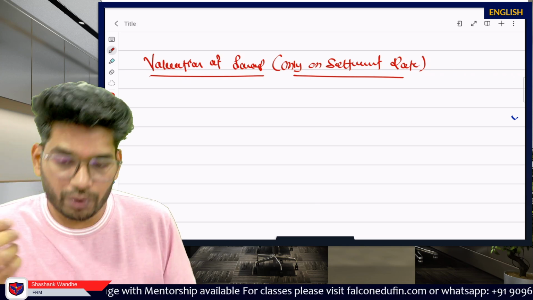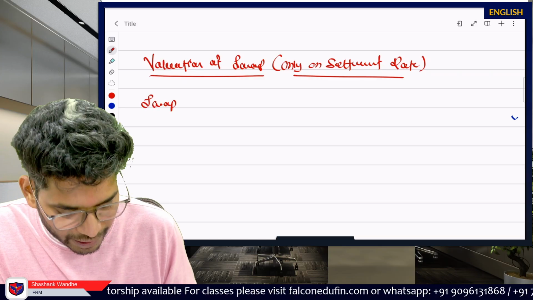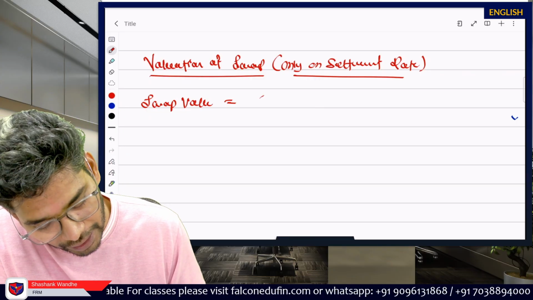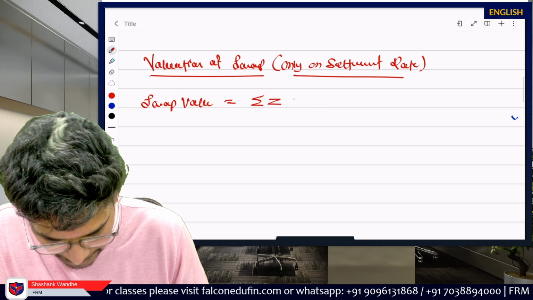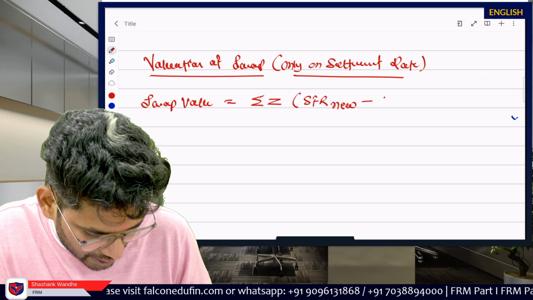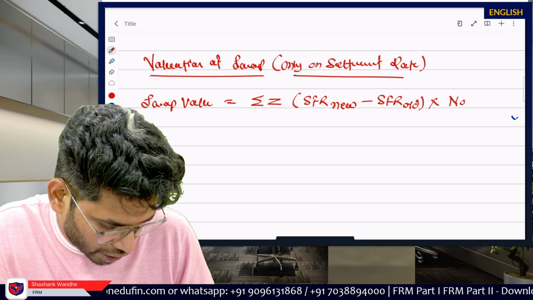If you want to value the swap on the settlement date, it is very simple. The swap value is calculated using the formula: summation of Z multiplied by (SFR new minus SFR old) multiplied by the notional amount.